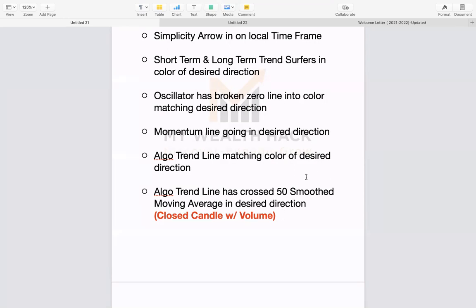And so we don't want to just jump in when we see the moving average cross over the 50. We want to see it cross over the 50 smooth moving average with a closed candle. And that candle needs to have significant volume in it. And I want you guys to back test it yourself. Every time it crossed and there was not significant volume, it was a weak, small candle, 90% of the time it reverses and goes back.